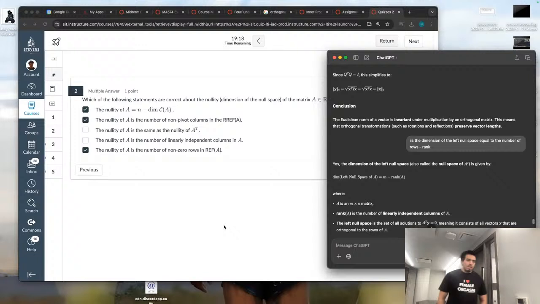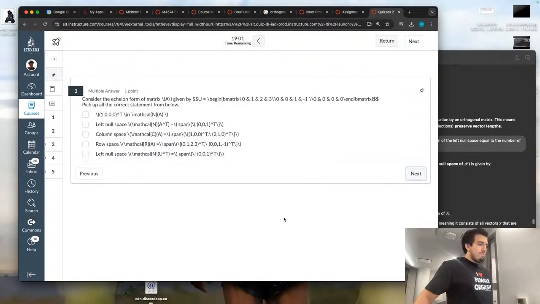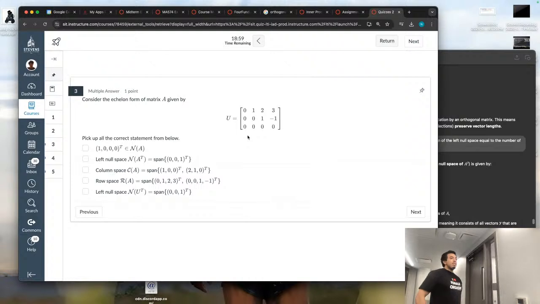But if we think about the dimension of the left null space, wait, what am I talking about? Consider the echelon form of matrix A, given by this. Which is the correct statement?